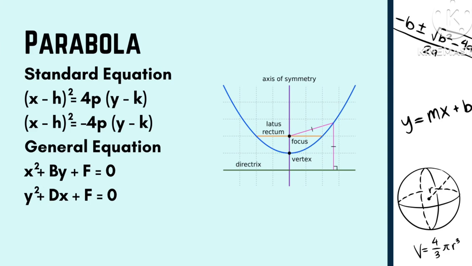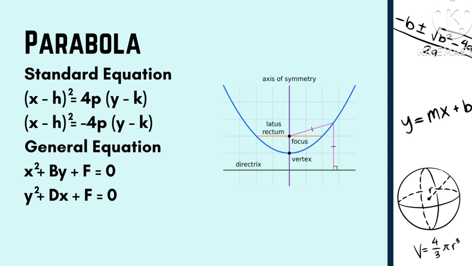So when we have a parabola that has (y - k)^2, that means this is either opening to the right or to the left. We can always identify that with the sign of our 4p. So when it is -4p and it is (y - k)^2, then it is opening to the left. And if it is positive, then it is opening to the right.